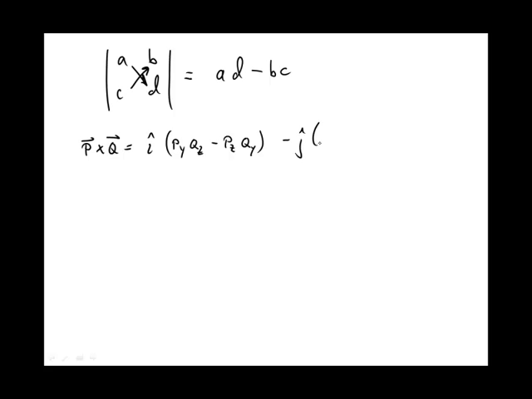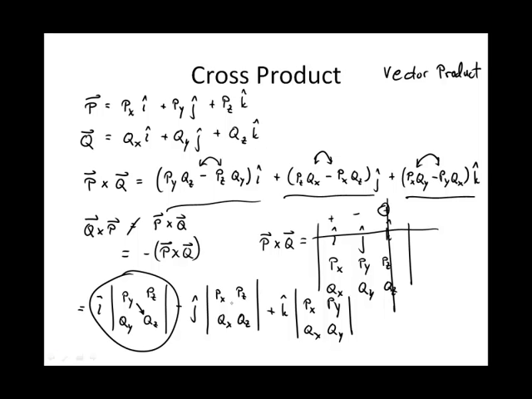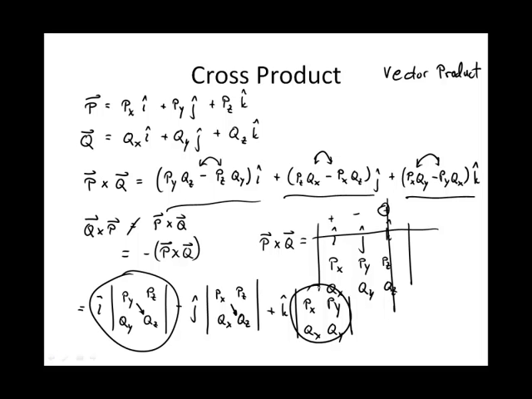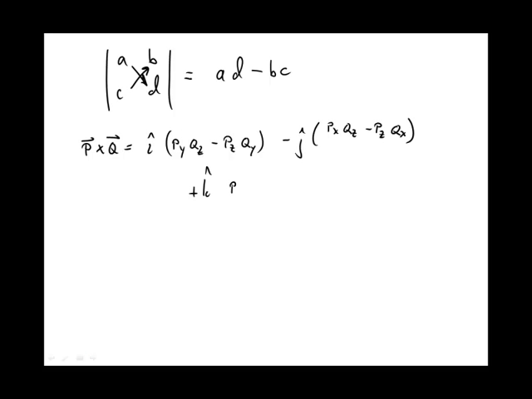minus j hat. And that's going to be p x times q z. So p x times q z minus p z times q x, plus k hat. And so there's that. That's p x times q y minus p y times q x.